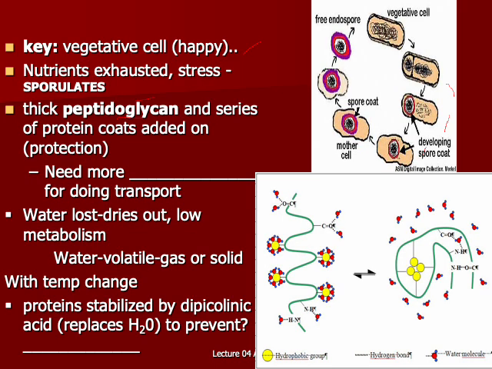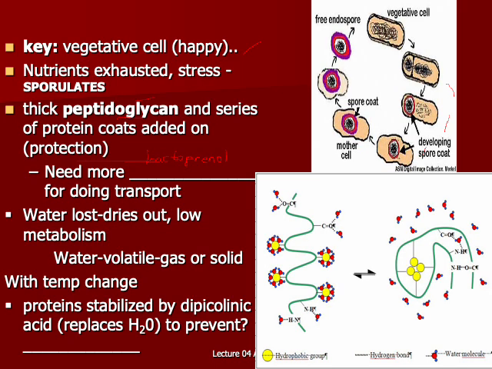So what must it need to transport the building blocks of peptidoglycan? It's got to have more bactoprenol. So that's what you'll see in bacteria that are sporulating. They have a lot more bactoprenol than normal because they got to ship out more NAM and NAG to build more of that peptidoglycan for more protection.